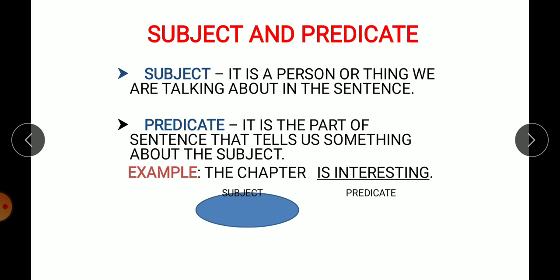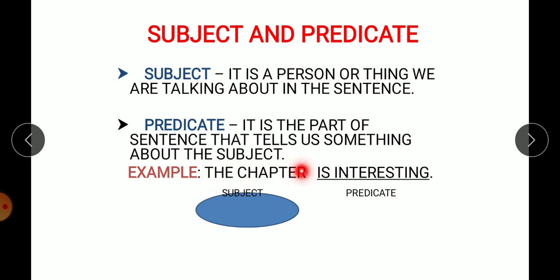And predicate is कि उस subject के बारे में जो भी बताया जा रहा है, it is the part of the sentence that tells us something about the subject. That is predicate. Like, if the sentence is the chapter is interesting, now we are talking about what? We are talking about the chapter. So chapter is subject, this is subject, and इस chapter के बारे में क्या बताया जा रहा है?